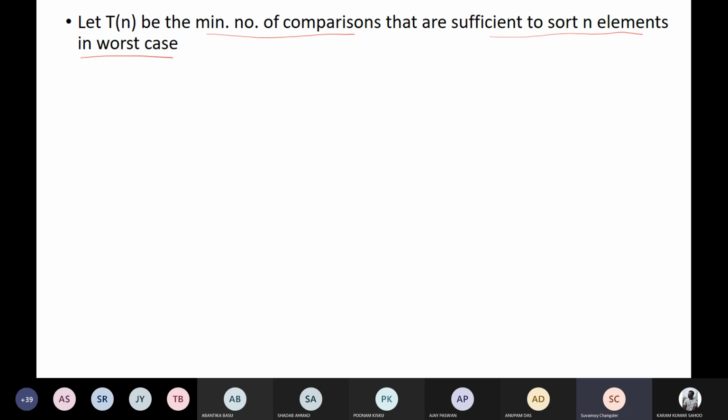So what will we get? Again, we know that if all internal nodes are at level less than k, then there are at most 2 to the power k external nodes.